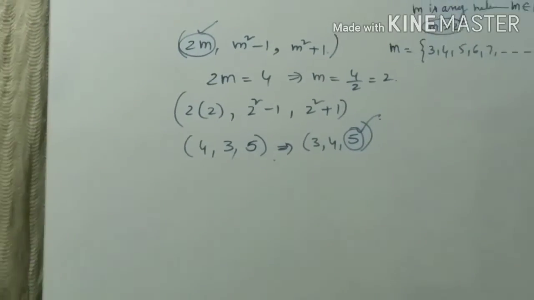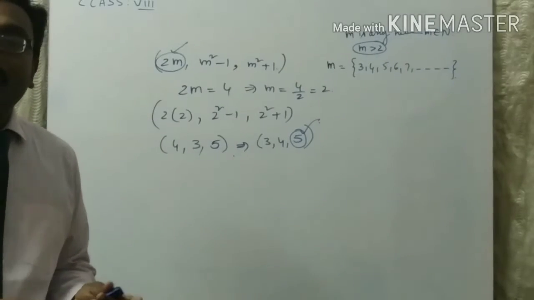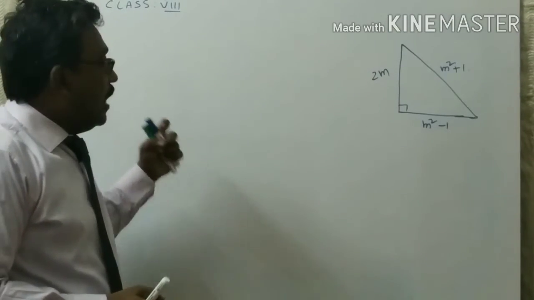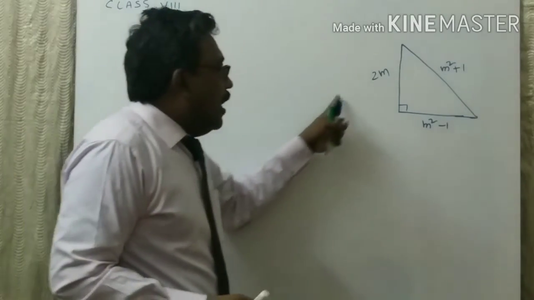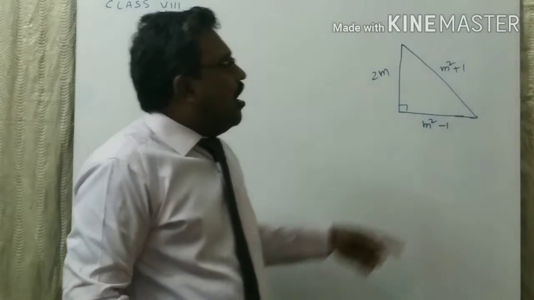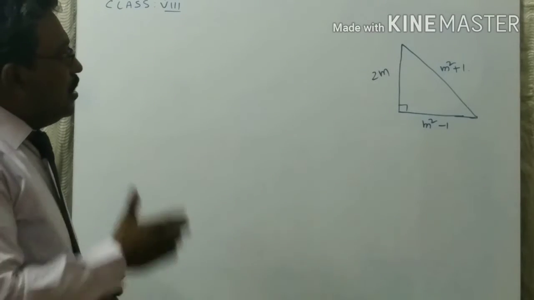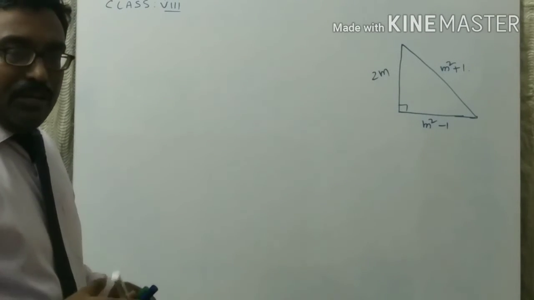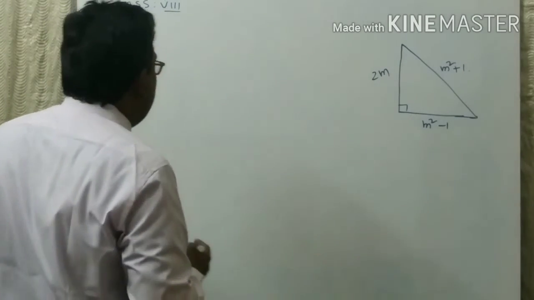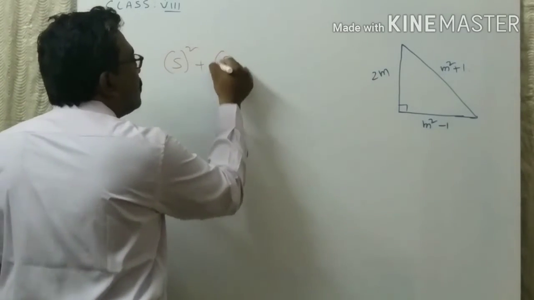Now, I told you in the beginning that I will derive this. 2m, m square minus 1 and m square plus 1 are the sides of the right angle triangle. Of course, the longest side is m square plus 1, so that is the hypotenuse. So side square plus side square should equal hypotenuse square; we'll check that.